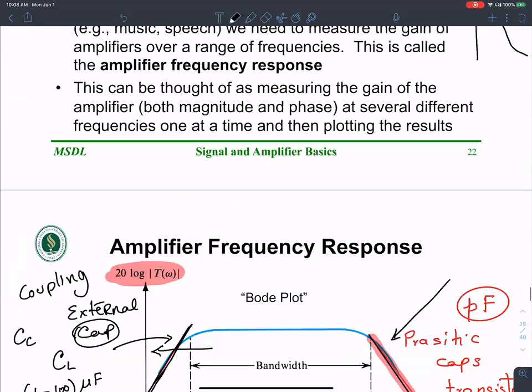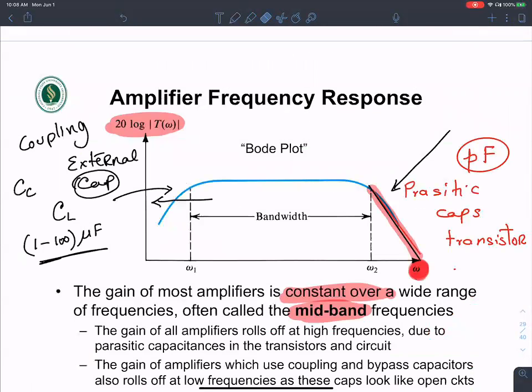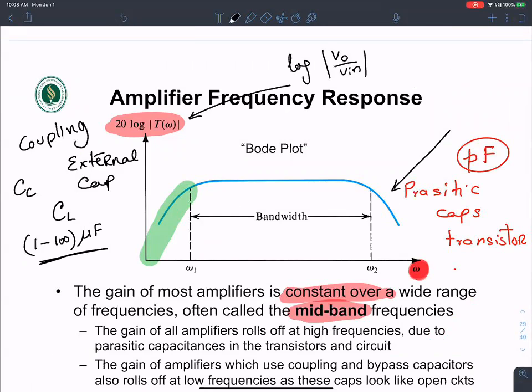Here is an amplitude frequency response of an amplifier. A bunch of things that we want to remember is that there's a roll off in amplitude. Along the x-axis is the frequency, along the y-axis is the magnitude of gain, V output over V input, expressed as 20 log base 10.